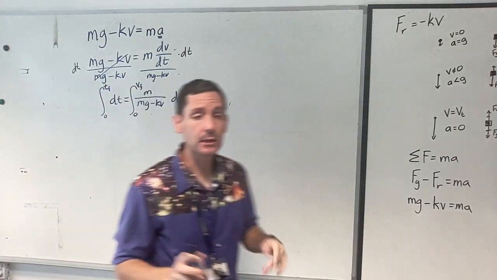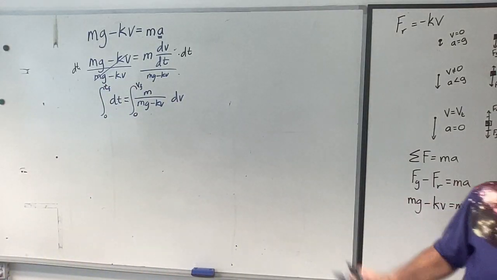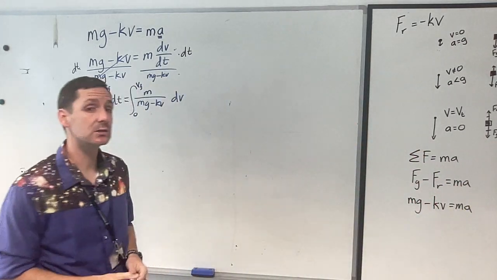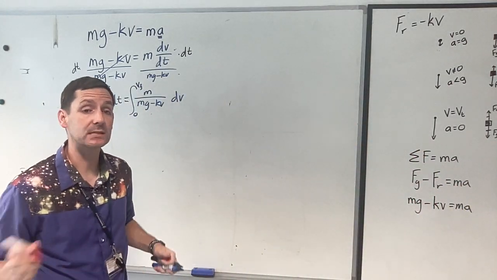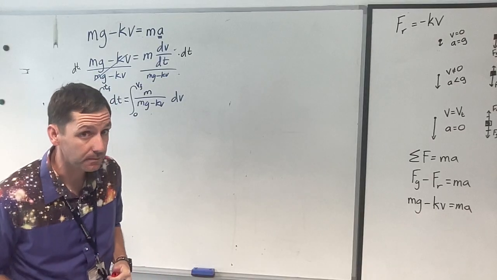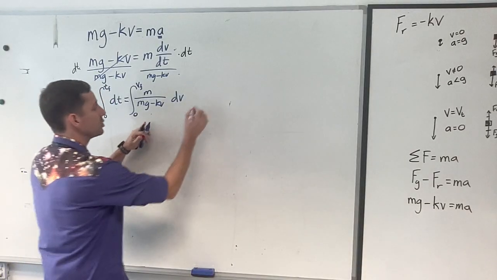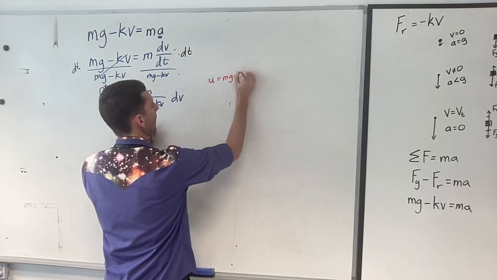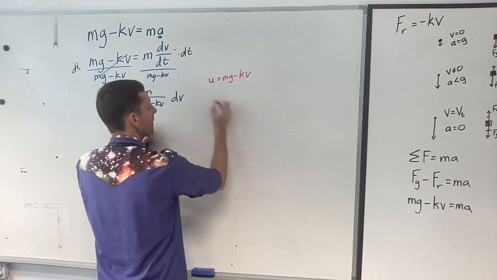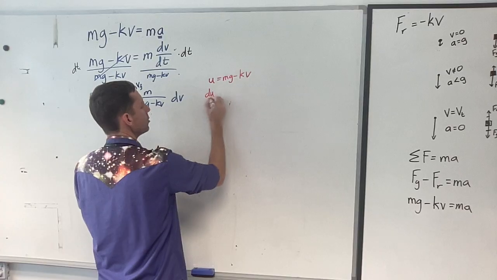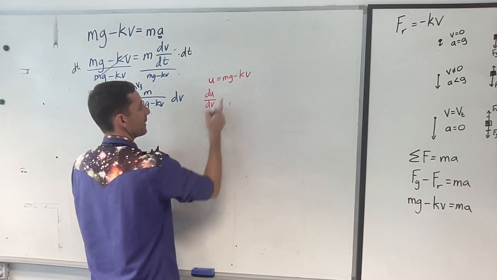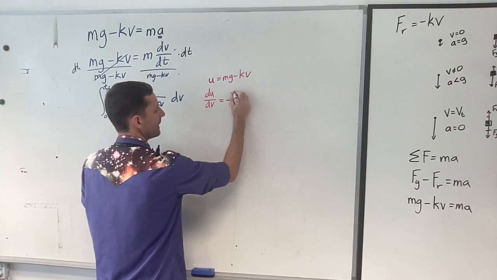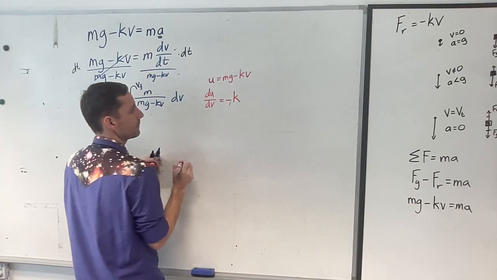Now this integral is a little bit challenging because we don't know how to do this specific integral, but what we can do is remember what we learned a couple of classes ago, the u substitution. Okay, so I'm going to make u equal to mg minus kv. That means du/dv, so if I take the derivative of that, then I should just get negative k, right?